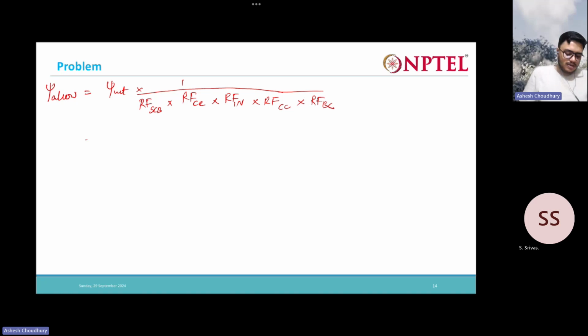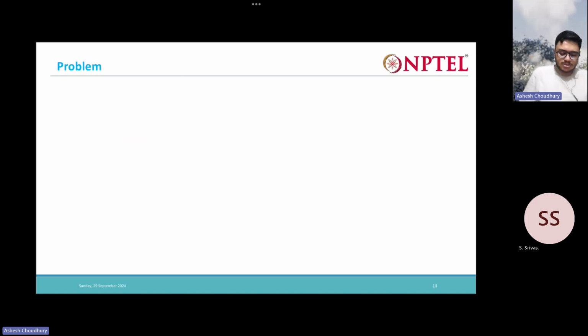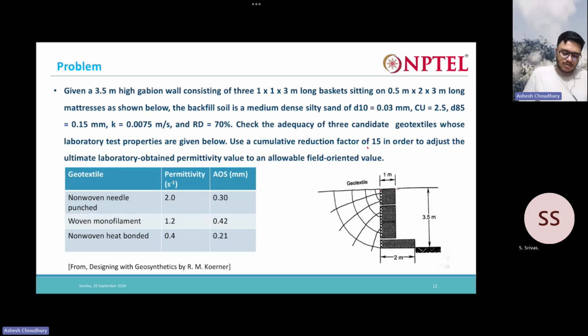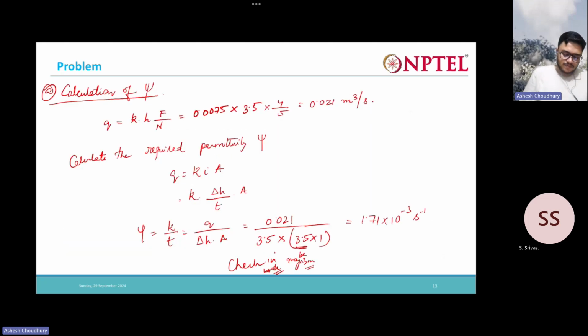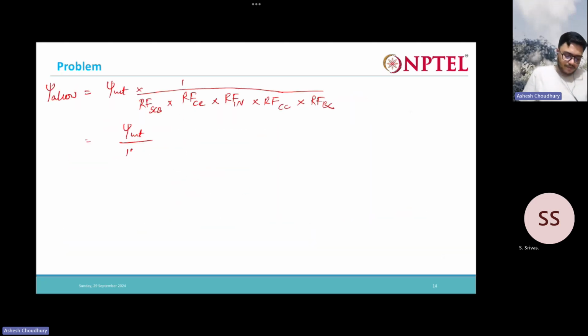Cumulatively, if you combine all the reduction factors in the question, it is given as 15. So divided by 15.